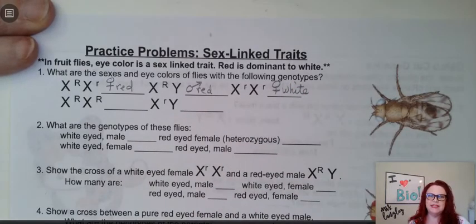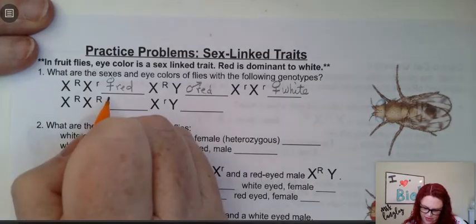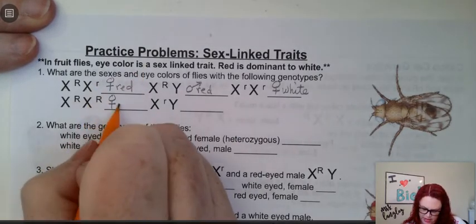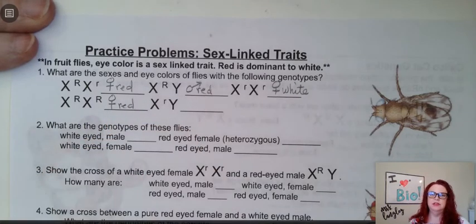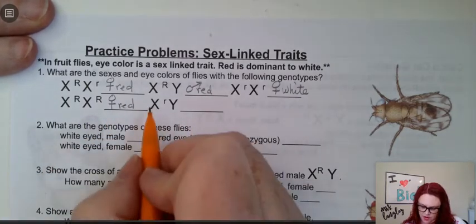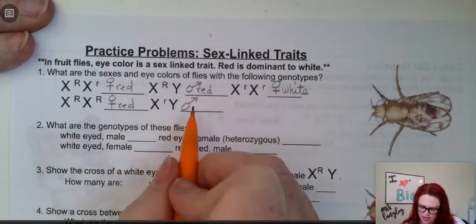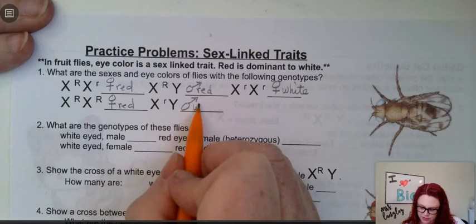Next, we have X and X. That's female. 2 dominant, that means red. Next, we have XY, so that's male. Then I look at my R's, and I only have the recessive, so that is white.